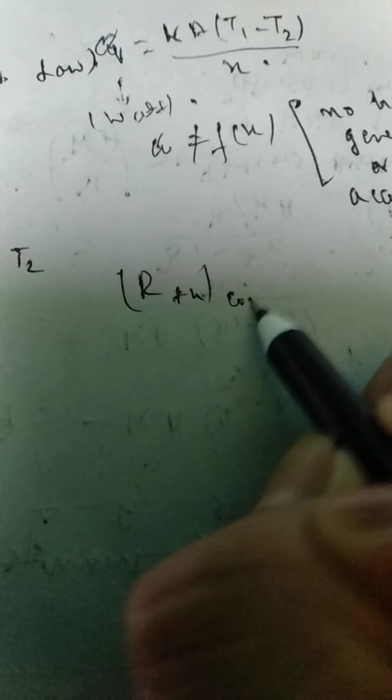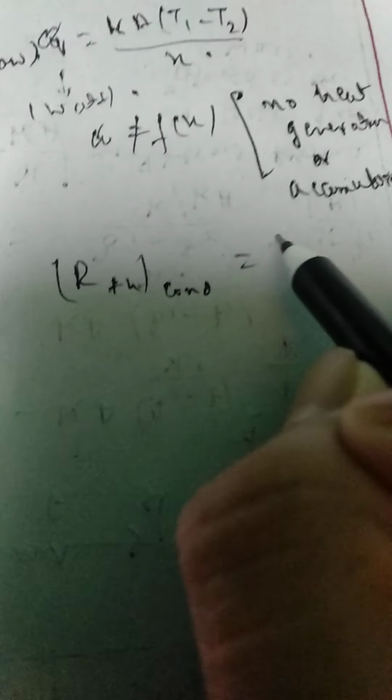So the thermal resistance in conduction will be equal to T1 minus T2, which is the temperature difference, equivalent to the potential difference in electric current, divided by the heat flow.